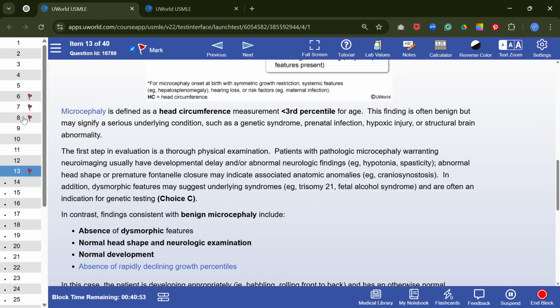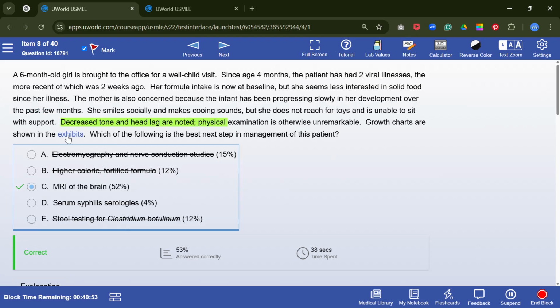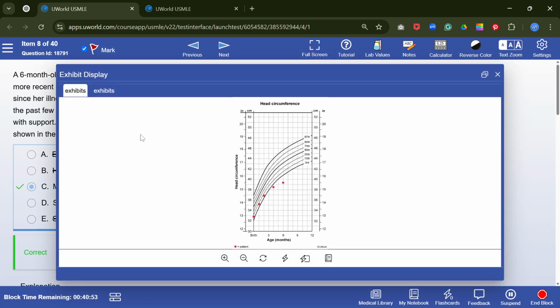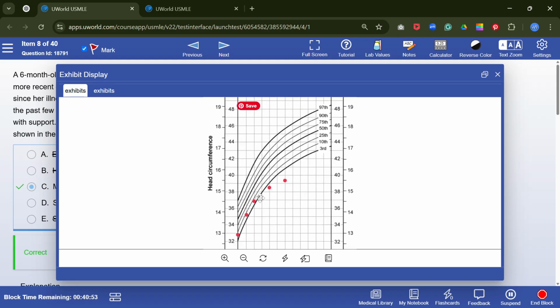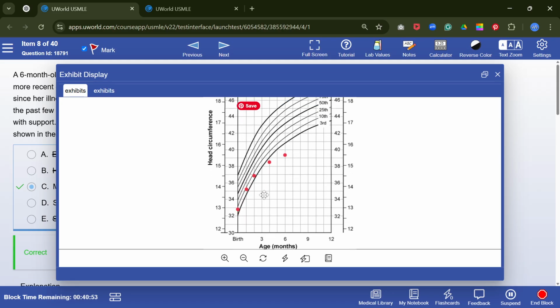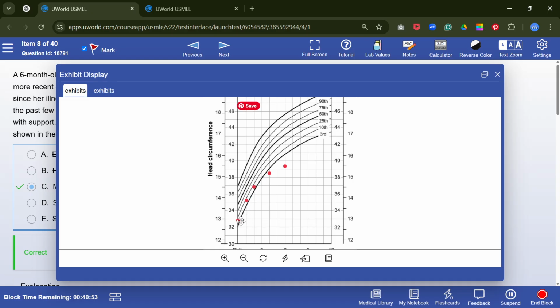But if we look at this question, look at this head circumference. Initially it touches the 10th percentile, then it starts decreasing.